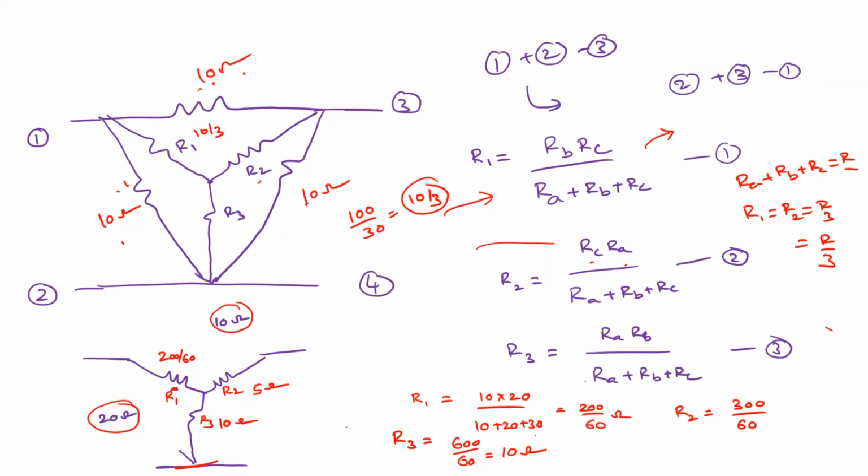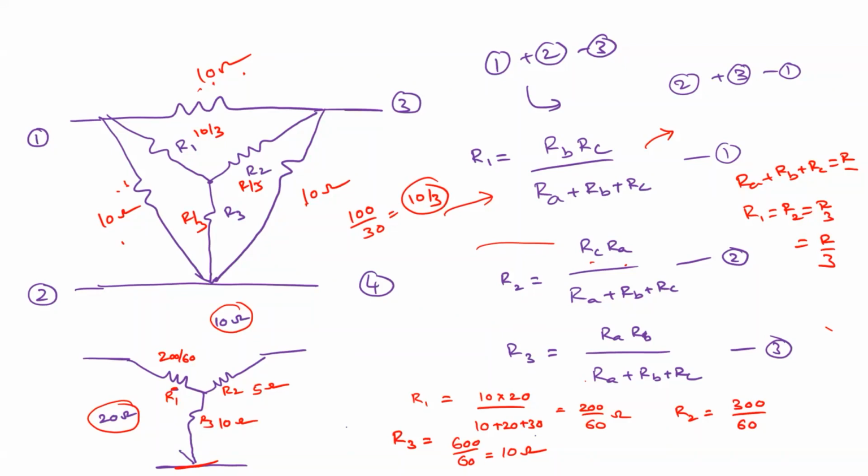So this is R by 3 and this is also R by 3, in this case 10 by 3, 10 by 3. So the delta side has a higher value, the star side has a lower value, divided by 3. This is how we convert a delta into its equivalent star connection.